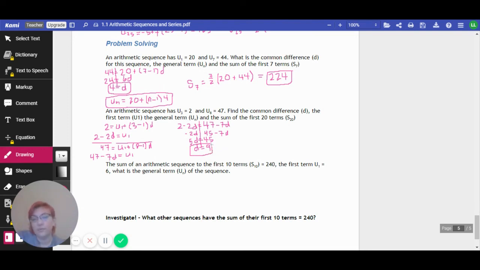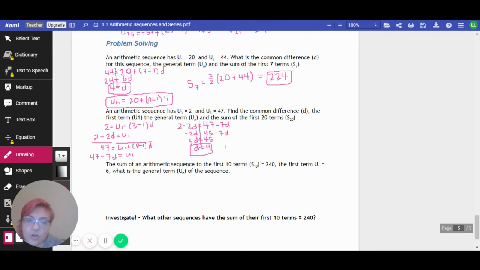All right. Well, I also know that u3 is 2, and I was able to rearrange that to get this right here: 2 minus 2d equals the first term.